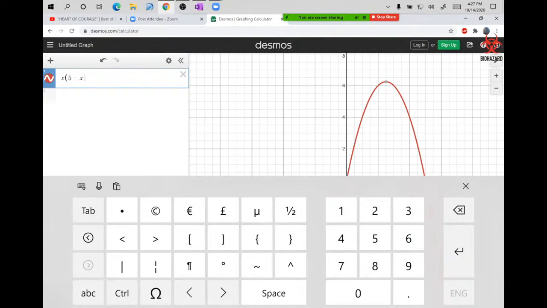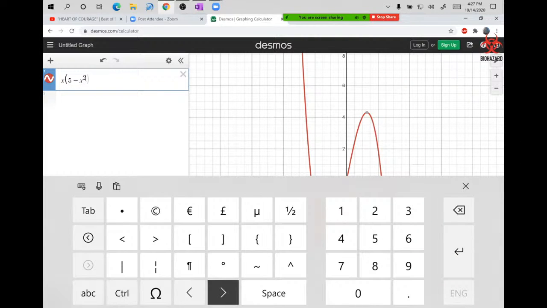So we have a square over here. Escape that, close the parenthesis, and then raise everything to 0.5, because that's what a half exponent means. So we have this one.